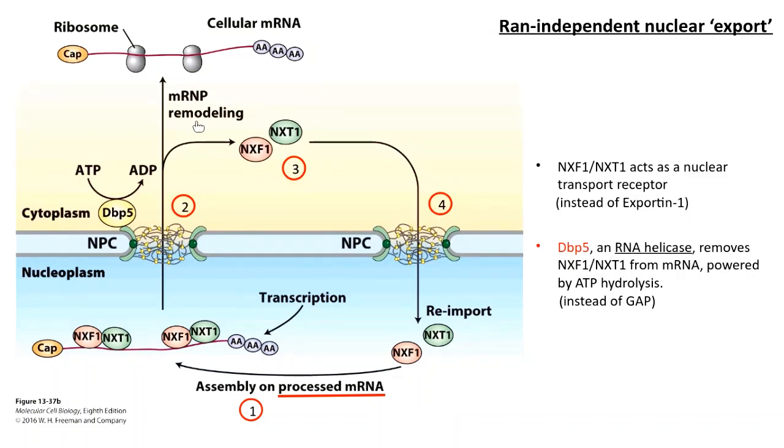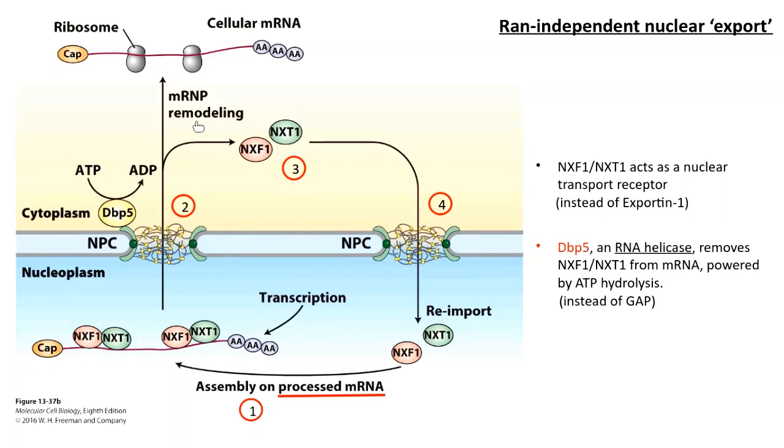Anyway, on this particular slide we discussed RAN independent export. There is no RAN involvement, but there is NXF1 and NXT1, which act as nuclear transport receptors instead of exportin 1. These factors help only the processed mRNA, so this process is only for processed mRNA and nothing else.